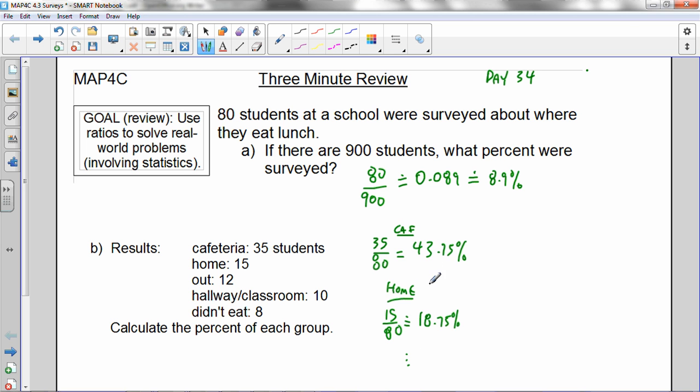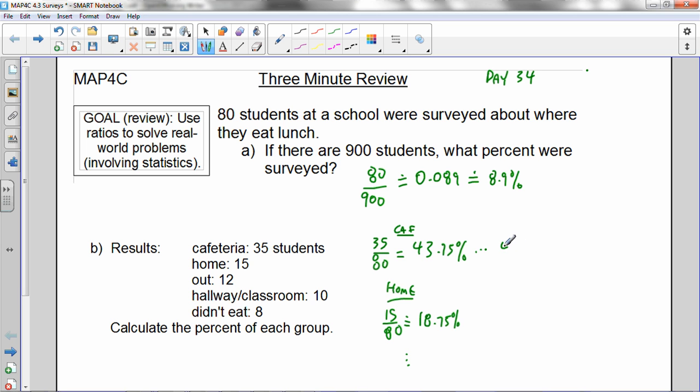And one of the points about the stats business is that we only surveyed 80 people, but we should be getting an idea that around 44% of the 900 people eat in the cafeteria. And we could make a prediction, if we wanted to, about what percent of the 900 eat in the cafeteria.